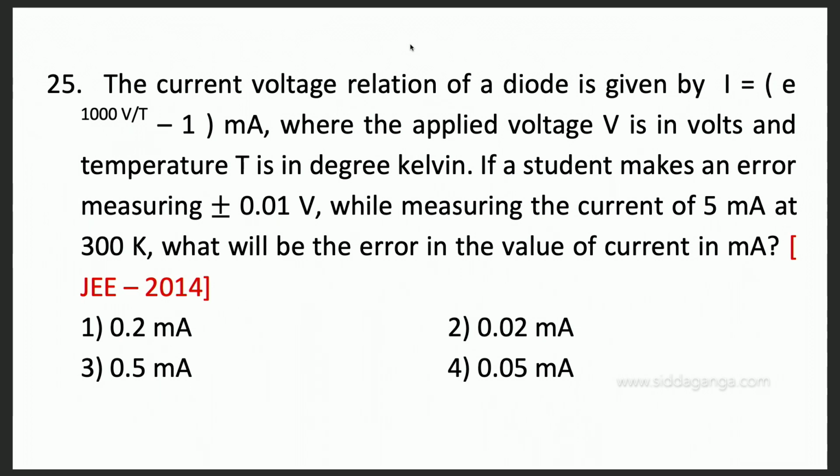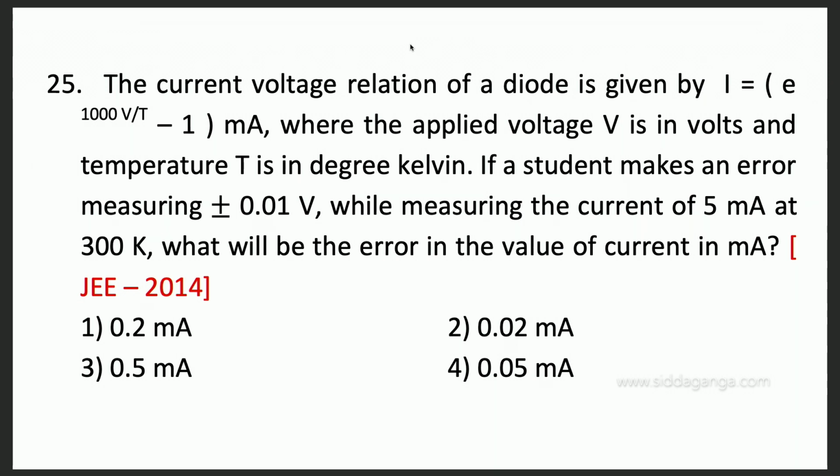JEE 2014. The current voltage relation of a diode is given as I equals e to the power of 1000 V by T minus 1, in terms of milliampere, where the applied voltage is V in volts and temperature T in degree Kelvin.